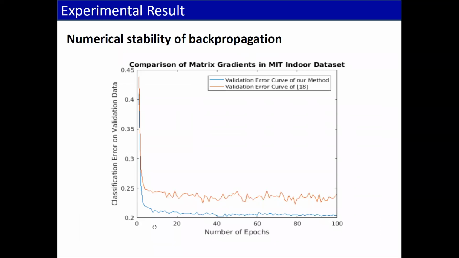We can clearly see that with the number of epochs, on the validation dataset, by using our method obtained from the 1950s result, we obtain consistently lower classification error.